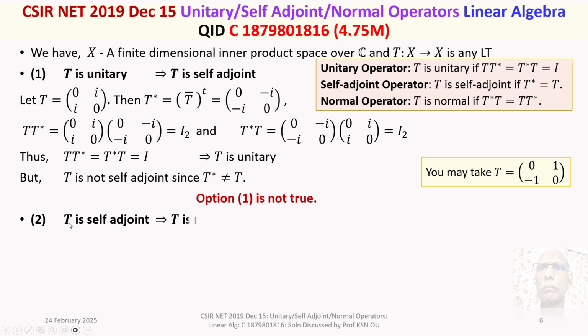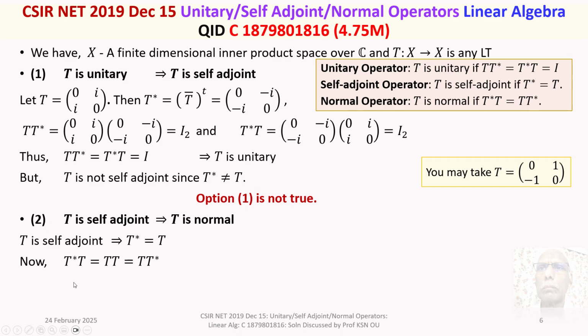Now, option 2. T is self-adjoint implies T is normal. Yes, every self-adjoint operator is normal. How do you show it? T is self-adjoint, that is, T is equal to T star, Hermitian. Now, to show it is normal, I have to show you T star T is equal to T T star.